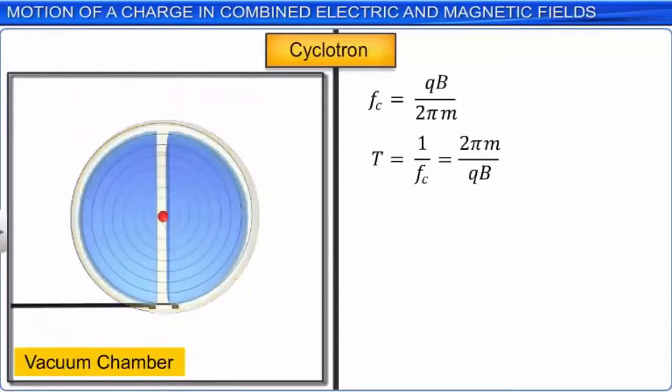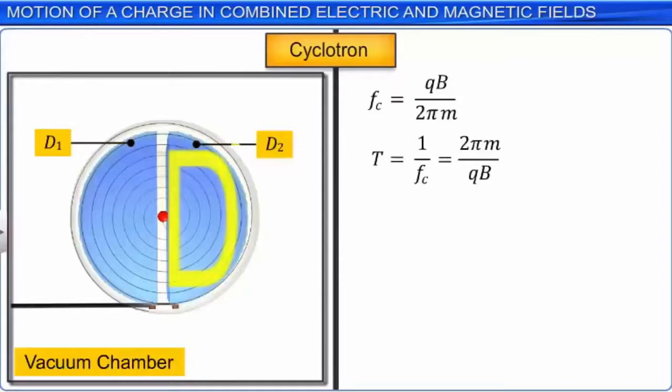The applied AC frequency is adjusted equal to the frequency of the charged particle, so that when the particle just about arrives on the edge of D1, D2 will be at lower potential and the particle is accelerated across the Ds to gain kinetic energy equal to qV, where V is the potential difference across the Ds at that instant of time.